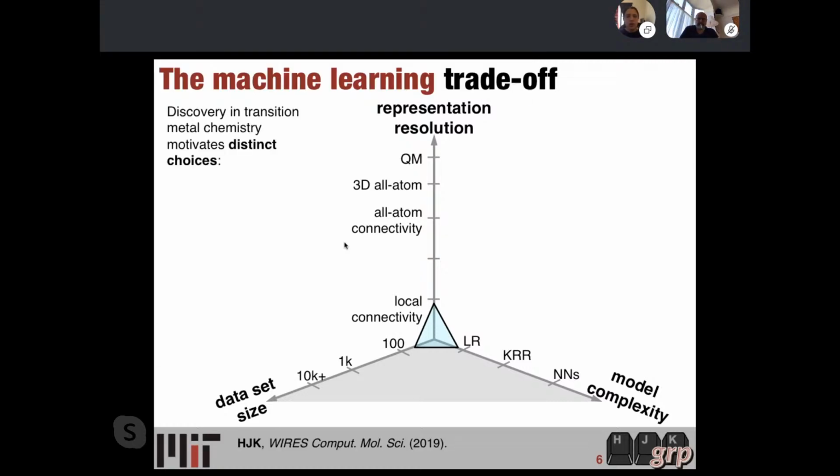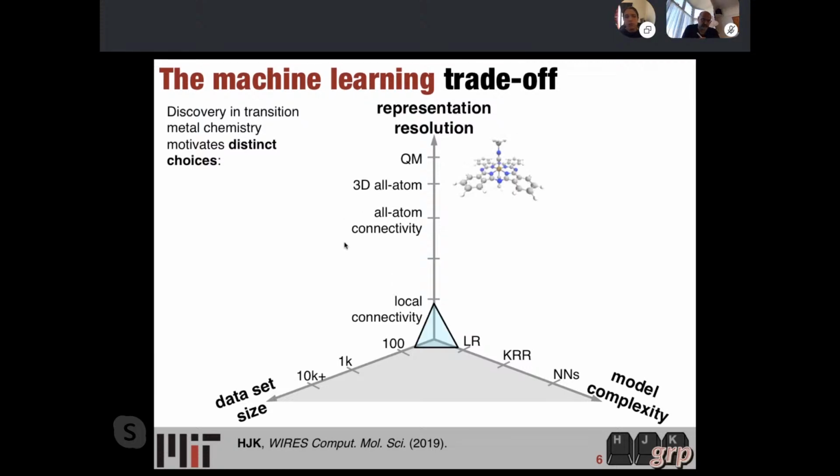And so, as I've already alluded, discovery in transition metal chemistry puts us at different points on this trade-off map. I think every chemical problem, as you approach it, as long as the data set size varies, chances are also your choices on model complexity or representation are also going to vary. And so I think the key thing to remember is that there's not one size fits all.